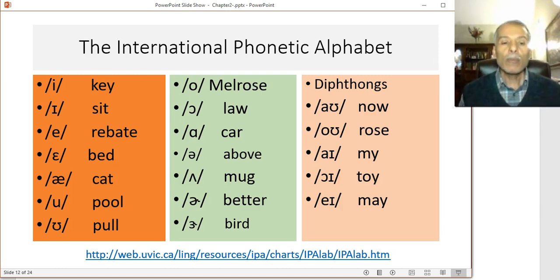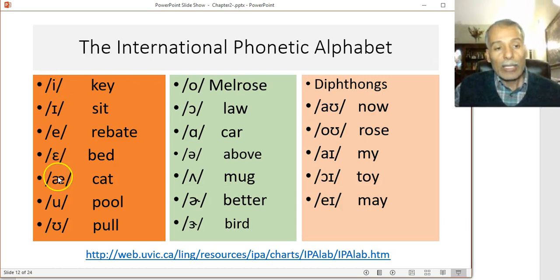So now, this table is based on the table you have on page 14 of your text. I wanted to do it now so that you know what each sound stands for, what each symbol stands for, what each phoneme stands for.